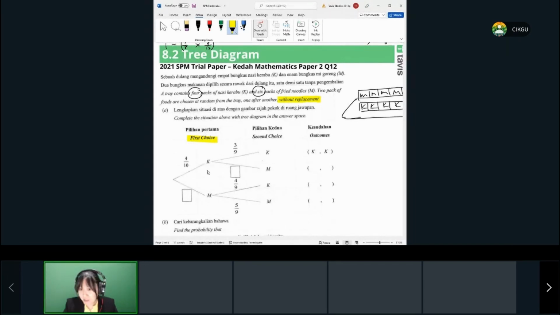Then after you pick the first pack, you can still pick the second choice. If you picked a kerabu already, for the second pick you can still pick either a kerabu or a mee noodle. That's why the branches are like this.